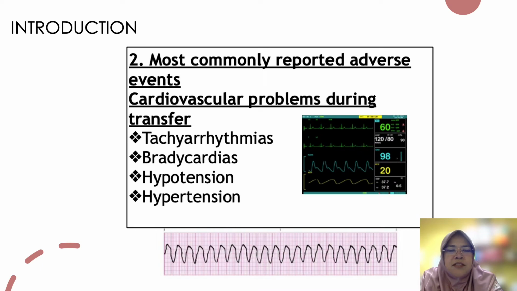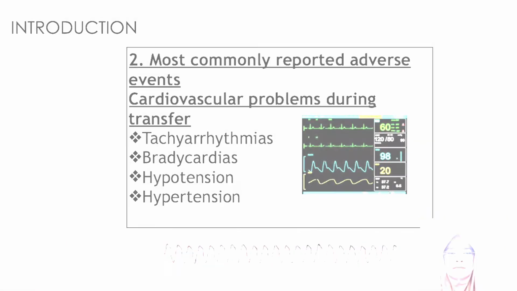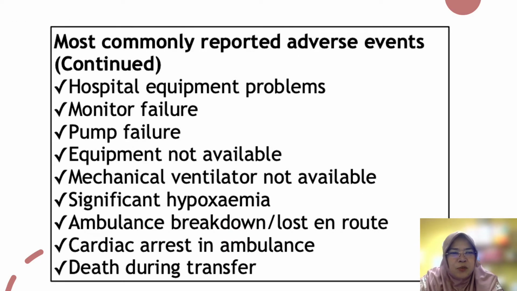The most commonly reported adverse events are cardiovascular problems during transfer: tachyarrhythmias, bradycardias, hypotension, and hypertension. The other most commonly reported adverse events are hospital equipment problems: monitor or pump failure, equipment not available, mechanical ventilator not available, significant hypoxemia, ambulance breakdown, loss en route, patient having cardiac arrest in the ambulance, and deaths during transfer.